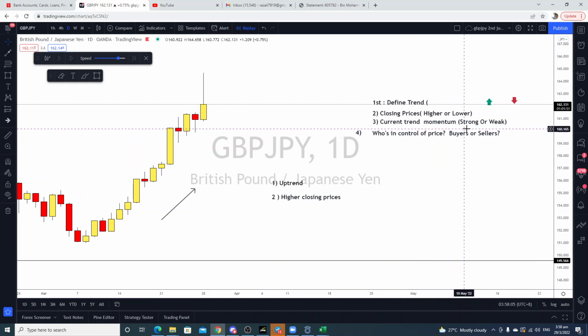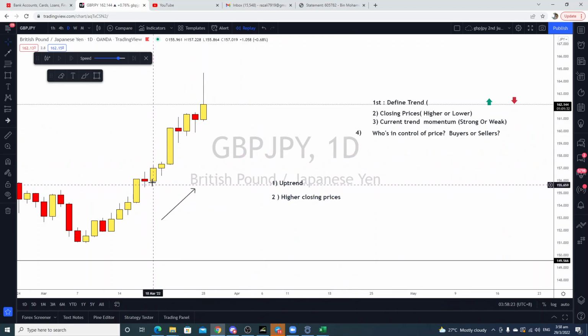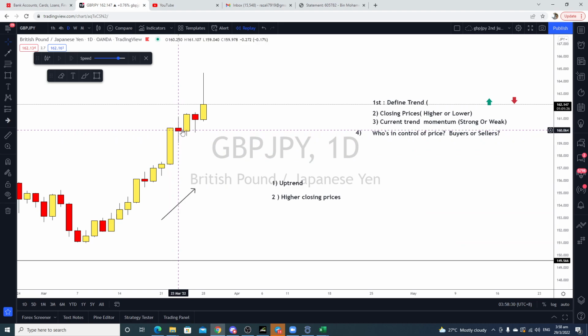Number three, current trend momentum, strong or weak. In this case, strong momentum, as you all know that a longer candle means the momentum is strong. A small body candle means that the momentum is weak. So in this case, we can say that current trend momentum, in terms of the buyers, was strong, starting to get weak.